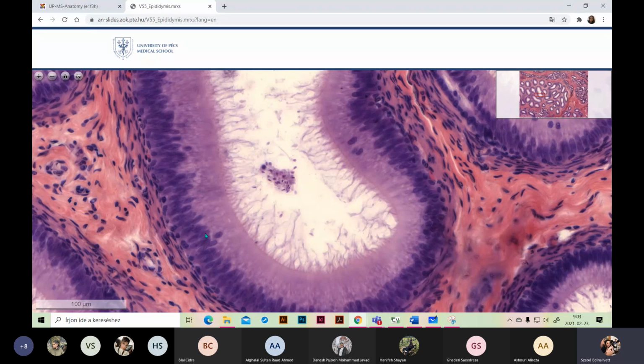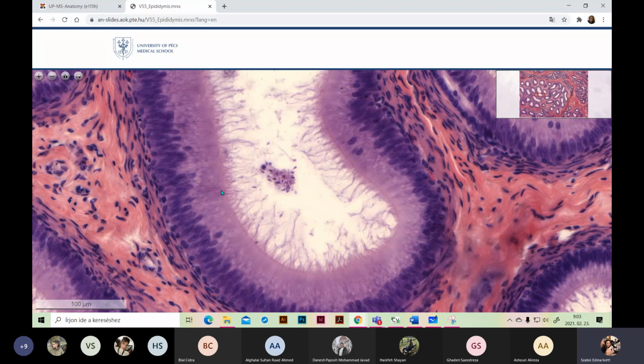Okay, surface epithelium. Which type of surface epithelium? We have to see the number of cell layers and the shape of cells. Here, the nuclei are at several levels, but all of the nuclei are oval-shaped, perpendicular to the surface.